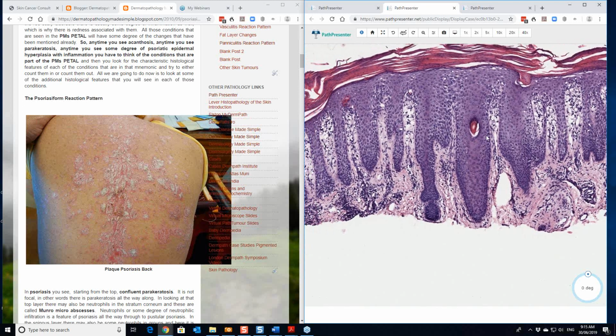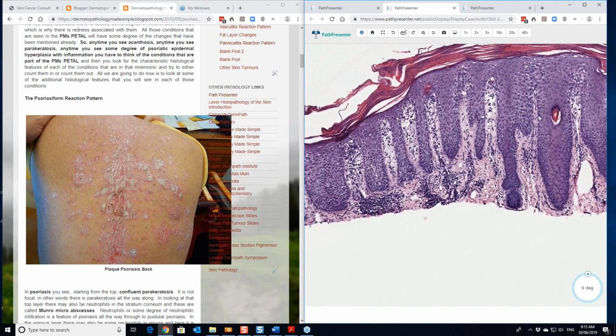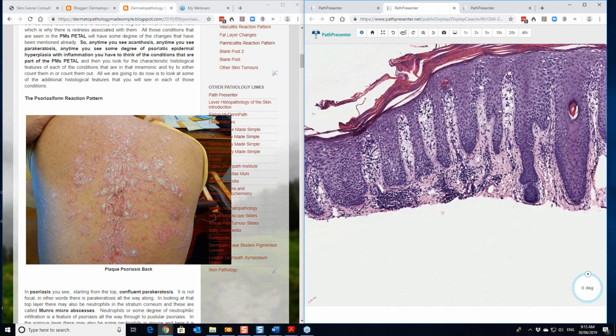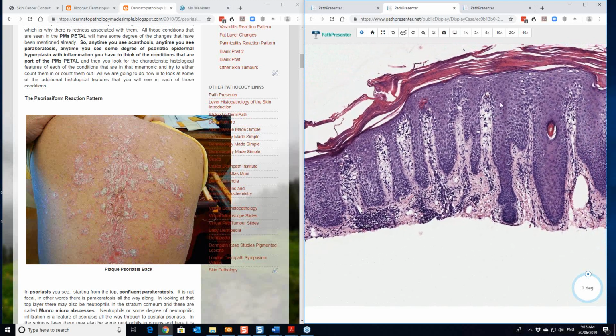And the other feature that you'll often see in psoriasis, though it varies from type to type, is infiltrate of neutrophils into the epidermis. Now, the perivascular infiltrate here is usually a mixture of lymphocytes and neutrophils.